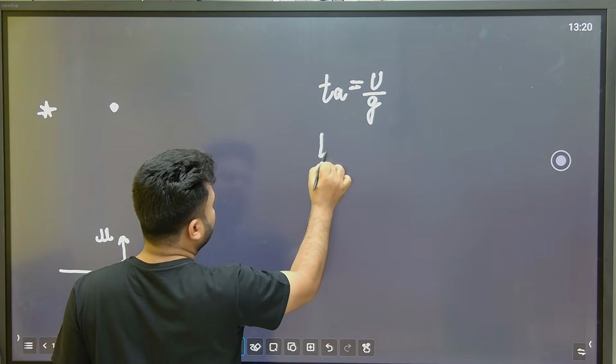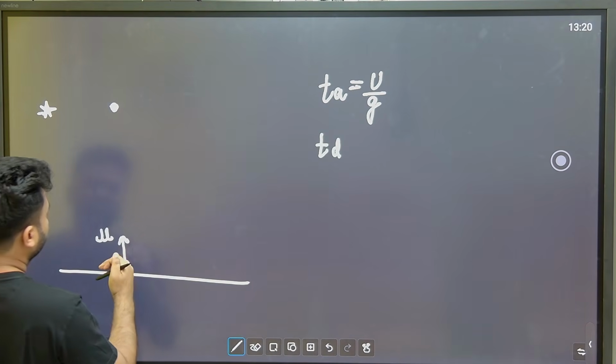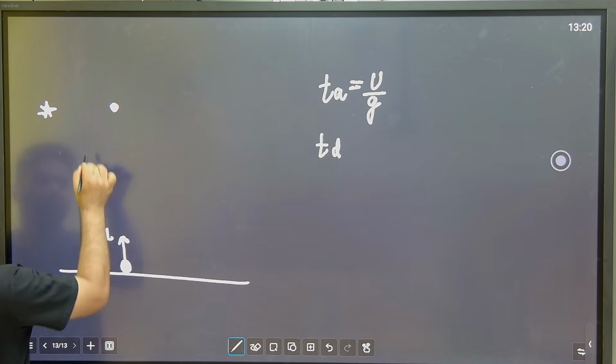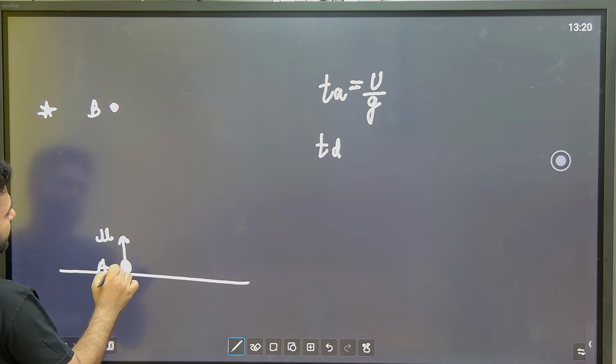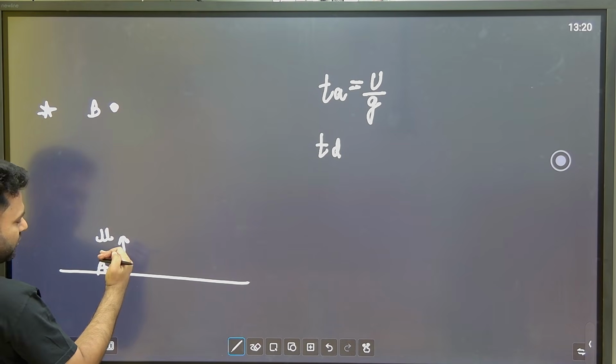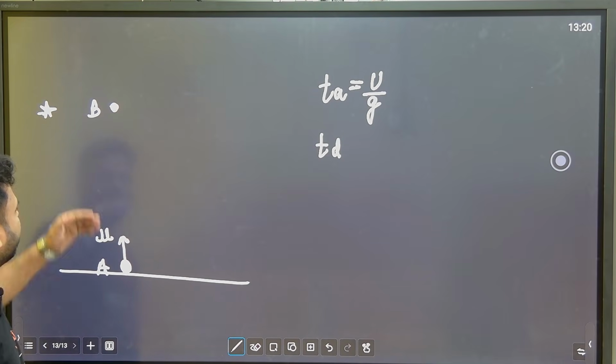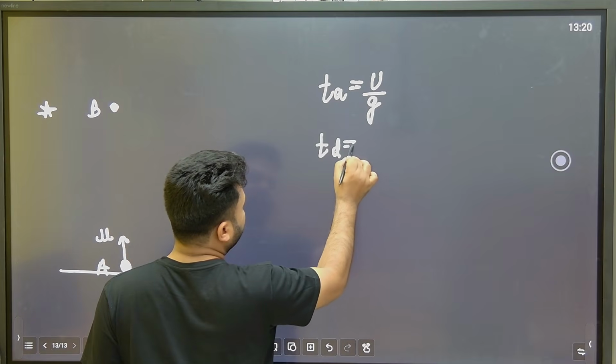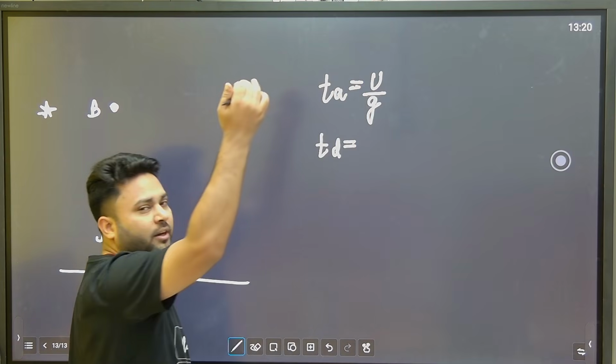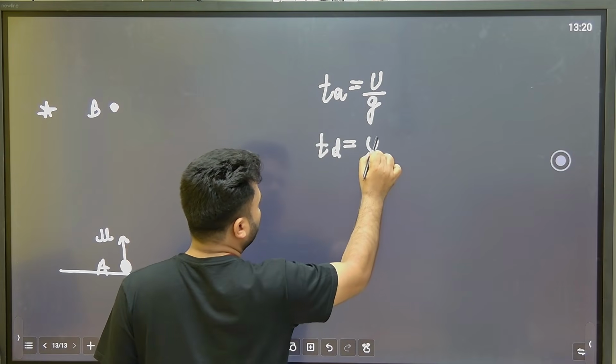Coming down means time of descent. Suppose this is A, this is B. Time of ascent will be the time taken from A to B. Time of descent will be the time taken from B to A. So time of descent will be the same. If it takes 2 seconds to go up, 2 seconds it will take to come down, u by g.